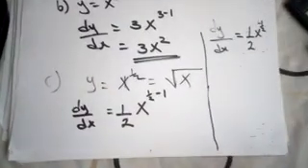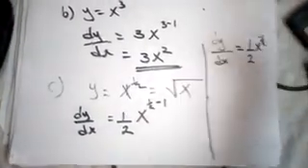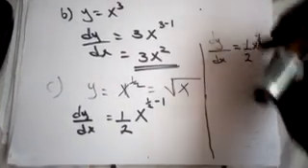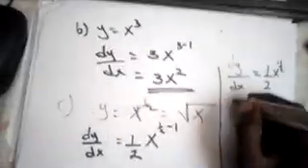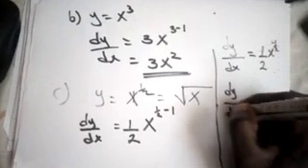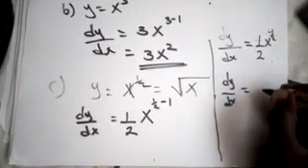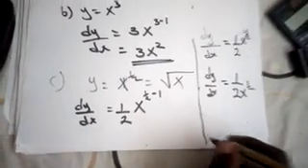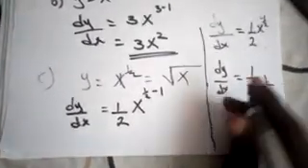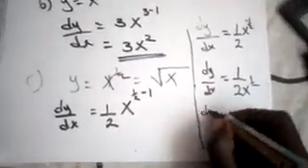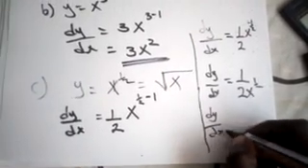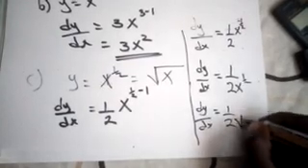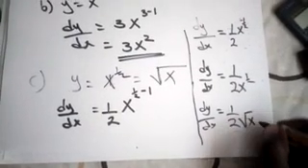But if we apply indices, x power negative a half can go down, and it becomes positive when it comes down. So dy/dx is going to become 1 over 2 x power half. So this one can also become dy/dx as 1 over 2 root of x.